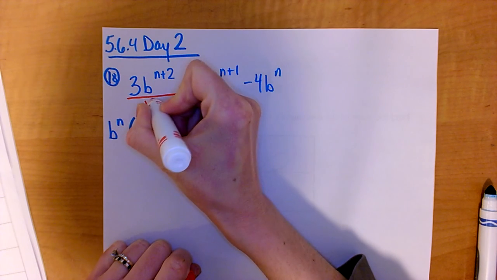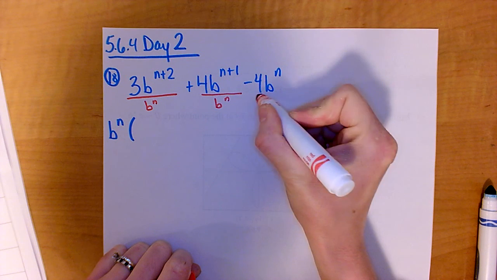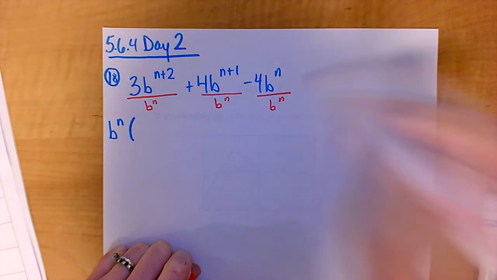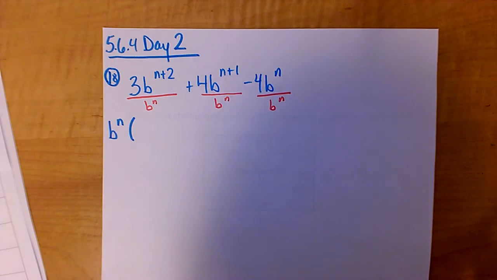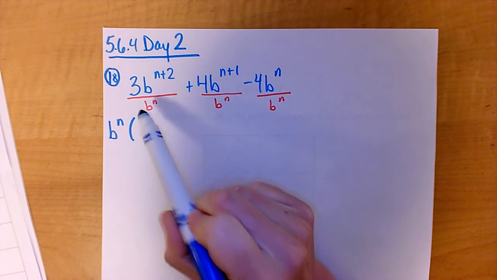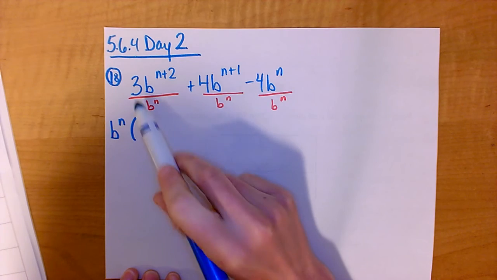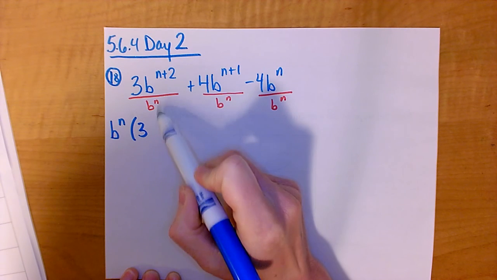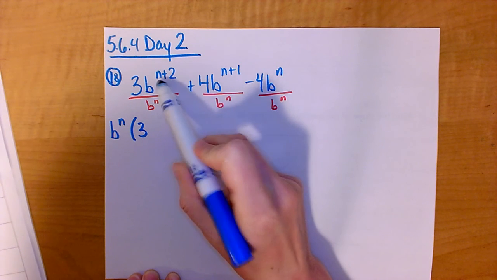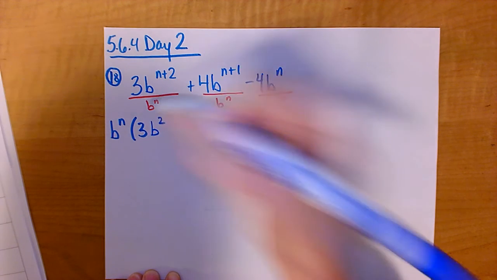When you divide things that have the same base, you subtract their exponents. So for this first division, we would have a 3, and then n plus 2 minus n, the n's disappear, and you're left with b squared.